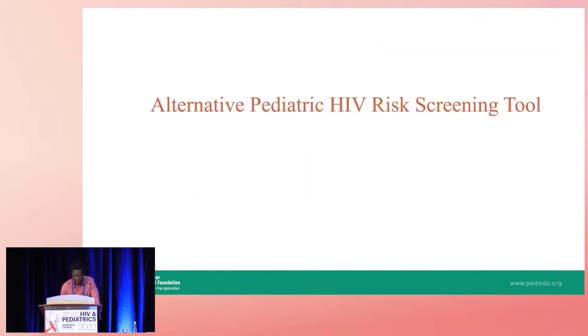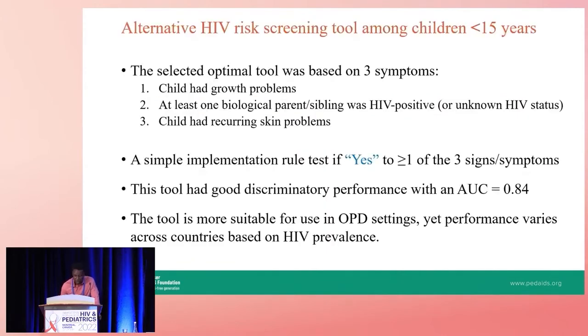Now, for the alternative risk screening tool that we developed, we found that we only needed to ask about three symptoms: if the child had growth problems, if at least one biological parent or a sibling was HIV positive or of unknown HIV status, and if the child had recurring skin problems.